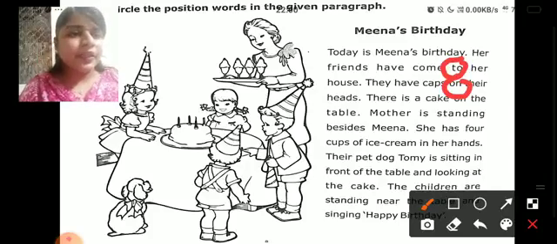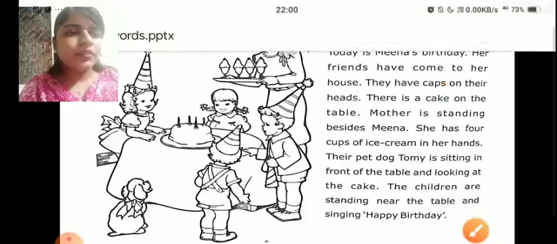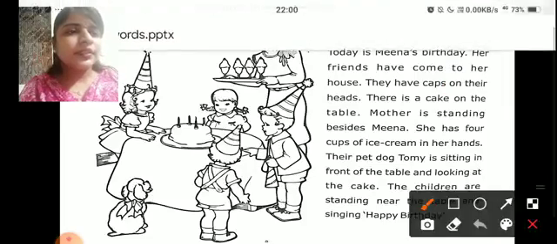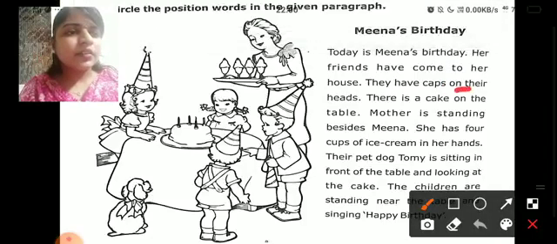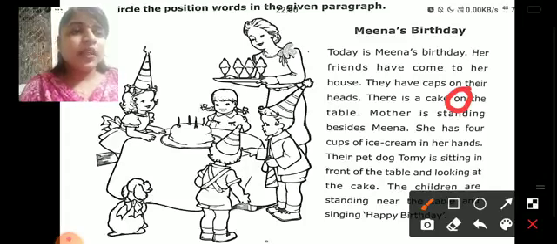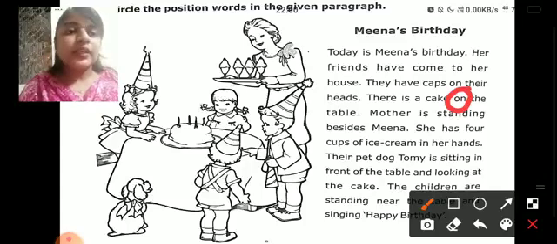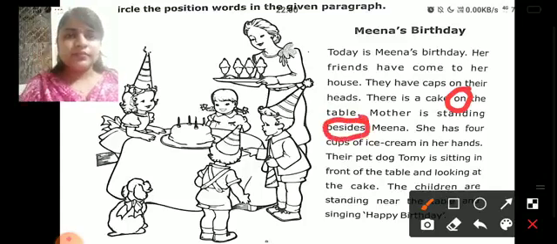So circle with me. On. Circle it. Mother is standing beside Meena. In this sentence, what is our position word? Beside. So circle the word beside. All are doing with me?